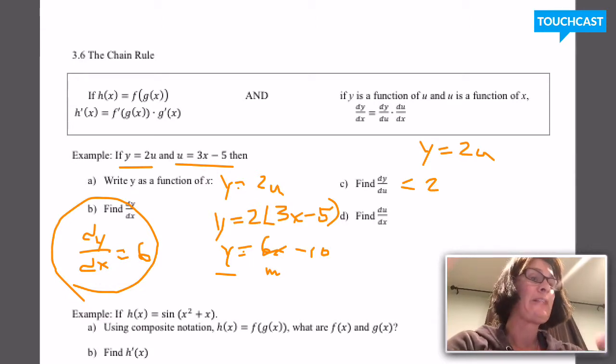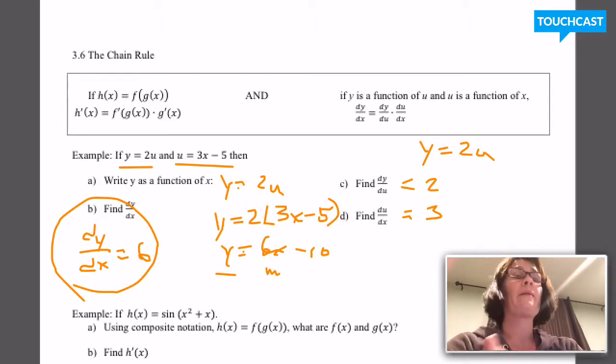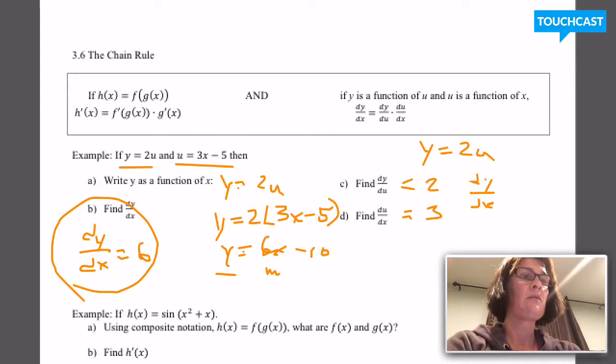So u is 3x minus 5, du/dx is just going to equal 3. And you can just notice in this one example where you can do the chain rule, or we could do it sort of the long way, is dy/dx equal to dy/du times du/dx? Yeah, because we got 6 here, and that's equal to 2 times 3.